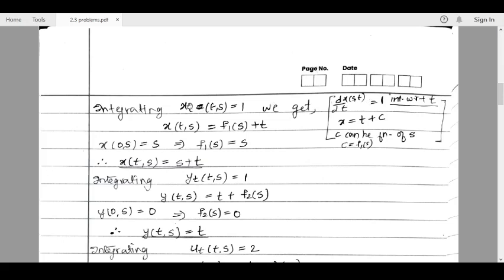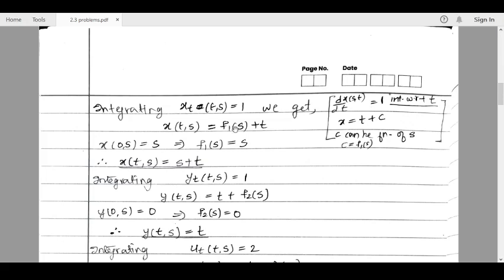So xt is nothing but dx by dt. dx by dt is equal to 1, and dx by dt is a function of t and s. Now if you integrate with respect to t, we will get x equal to t plus c. Here c can be a function of s, because we are integrating with respect to t. So s is also a constant, and at that time we will consider s as a constant. So this constant can be a function of s.